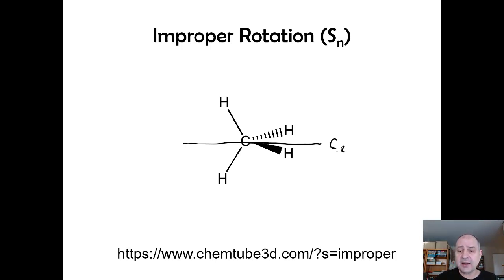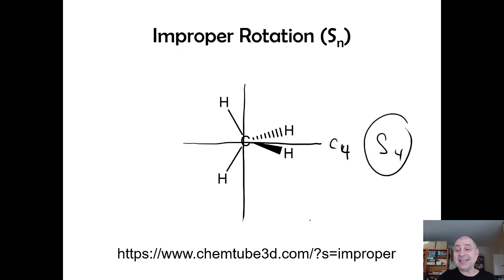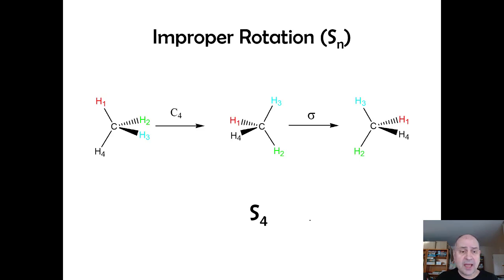That's fine. But if instead you do a C4 and then a horizontal mirror, that actually exists. So a perfect tetrahedron has an S4, but it doesn't have a C4, and it doesn't have a horizontal mirror, which is with respect to any of these principal or other axes that are there.